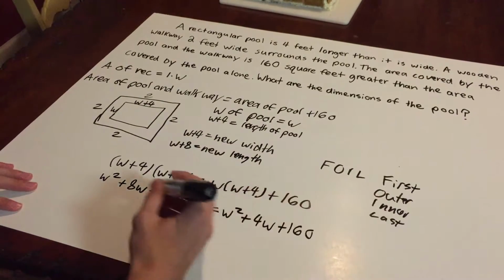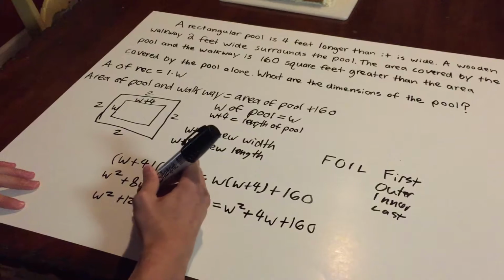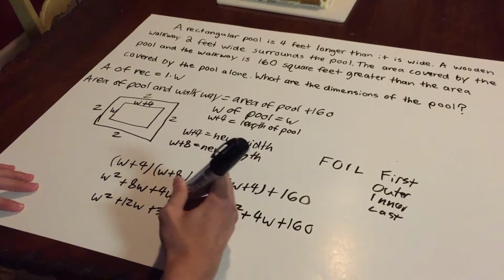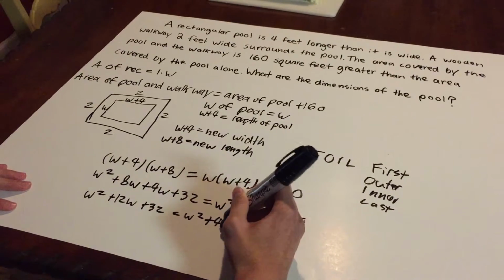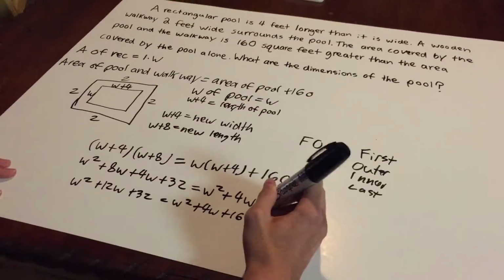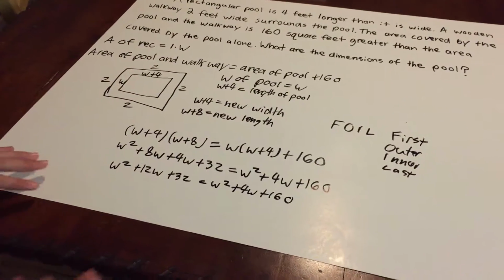Next, we combine like terms. W squared plus 12W plus 32 equals W squared plus 4W plus 160. Now we can start solving the equation.